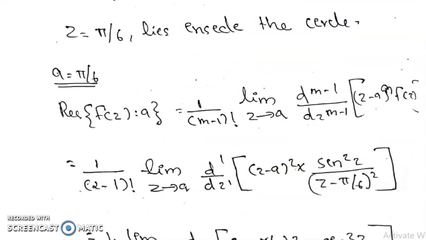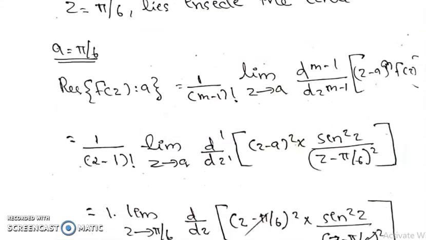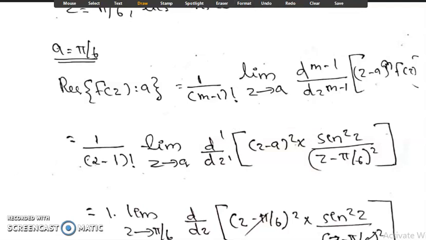So we have the formula to find the residue of order m. When it is of order m, it is 1 by (m - 1) factorial, limit z tends to a, d to the power m minus 1 by dz to the power m minus 1, of (z - a) whole power m into f of z. Okay, so we will use this equation now.